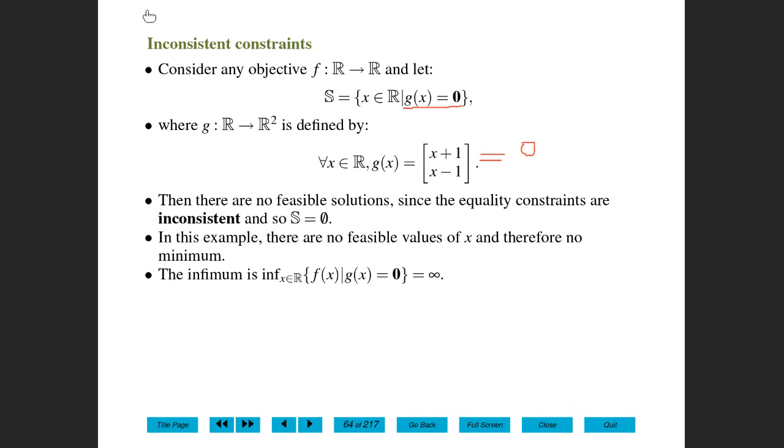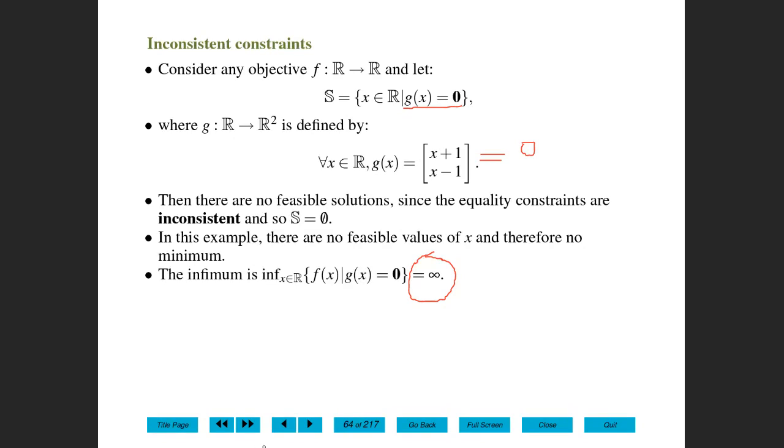But because of this inconsistency, the infimum is still possible, and this is case 3, right? The infimum, we can just write it as infinity. Vice versa, if we have the infimum as infinity, this is an indication that the constraints were, for example, inconsistent, so they were not consistent with one another.